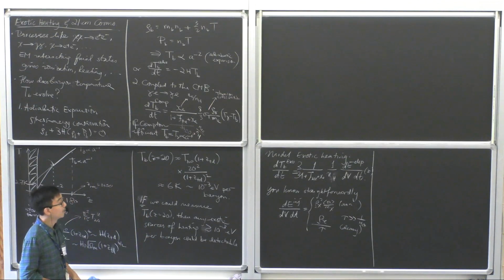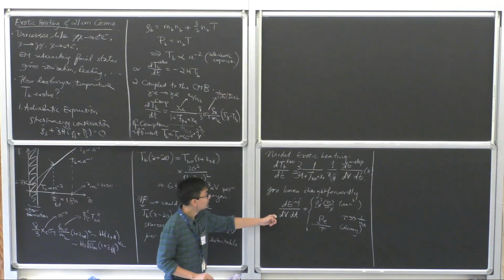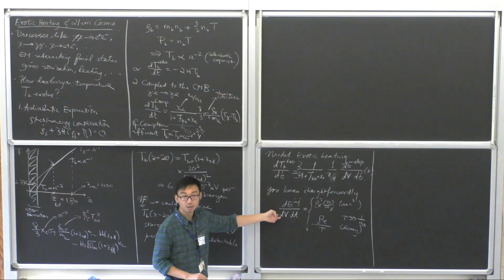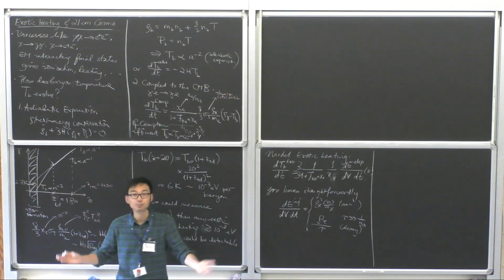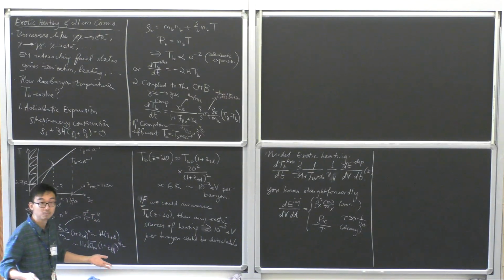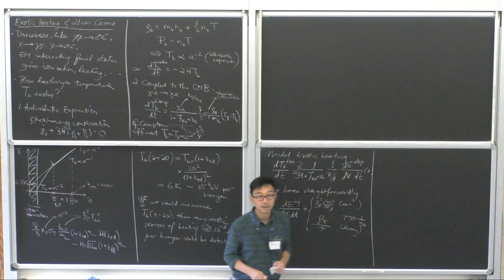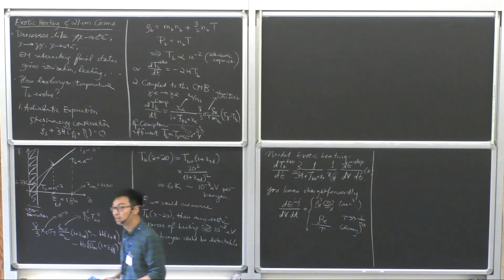And so in some cases, you can inject energy and then it just free streams. It doesn't actually do anything. It has to redshift after some time, and then it finally is able to deposit itself at some later time. Okay? That's one thing.